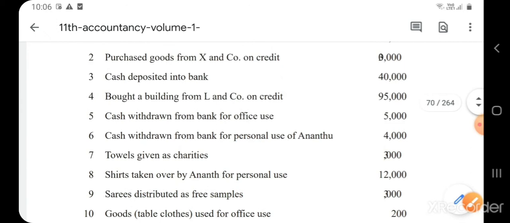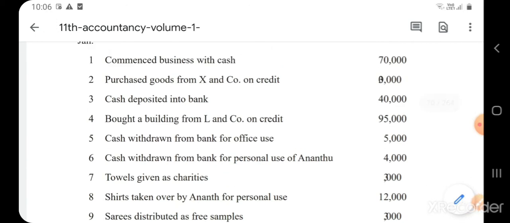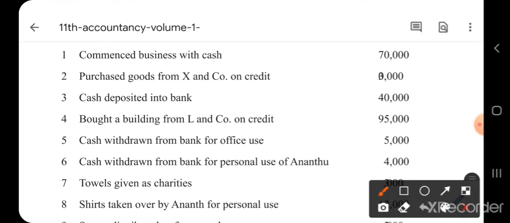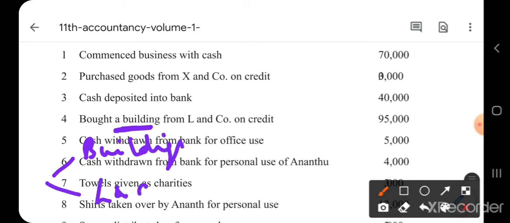Next transaction, bought a building from L and company on credit. So I told you, when it is given as bought goods, you will treat it as purchase. When you purchase a fixed asset, you should open a separate account for that asset. So here the accounts involved are buildings account and L and company account.